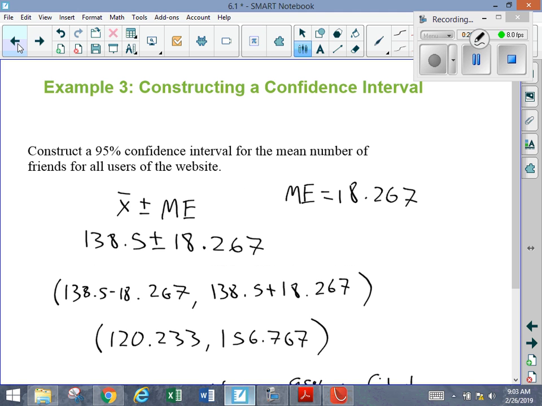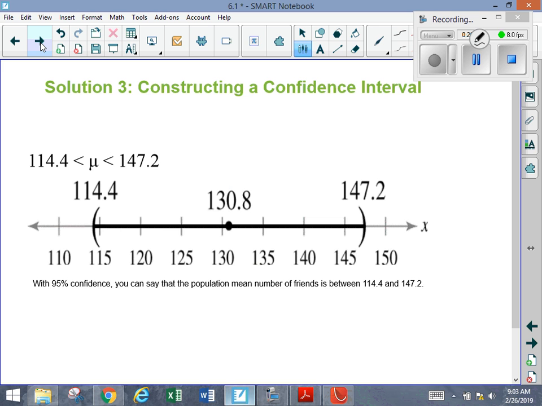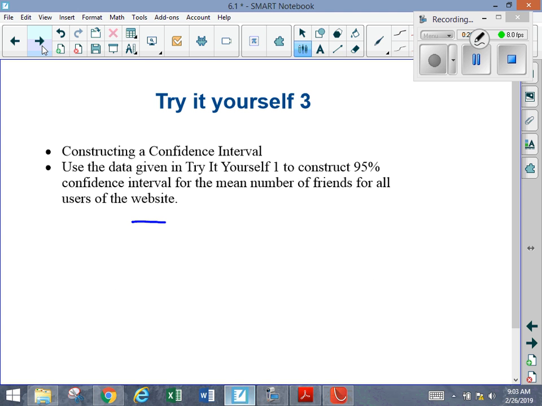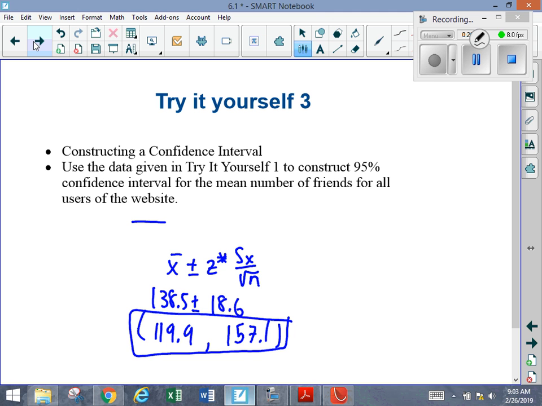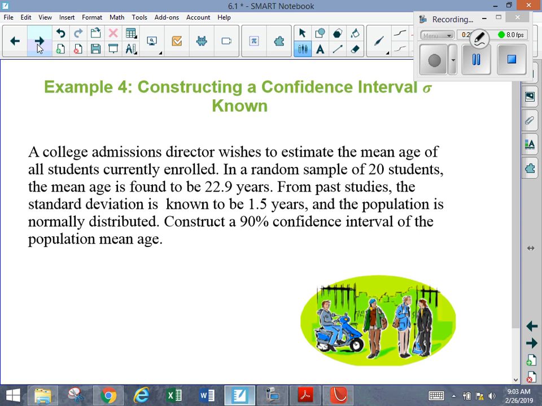Of course they have something. We already did this. All right.